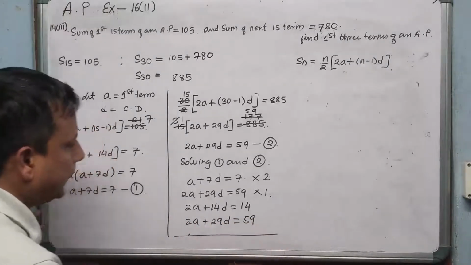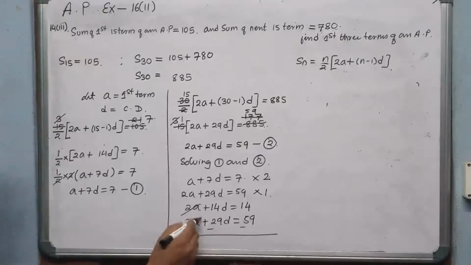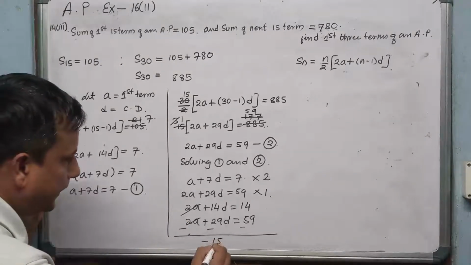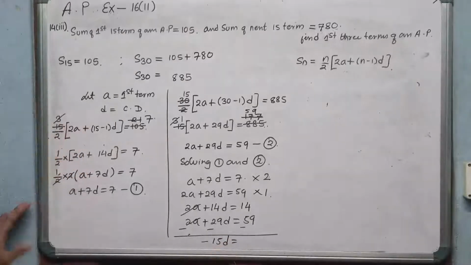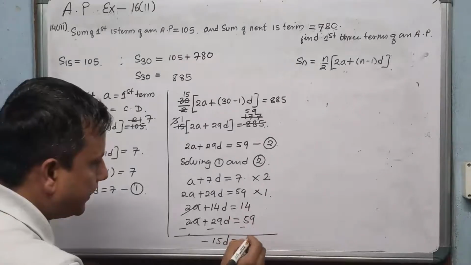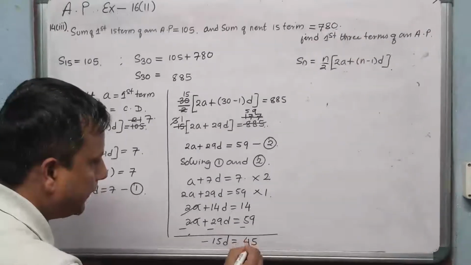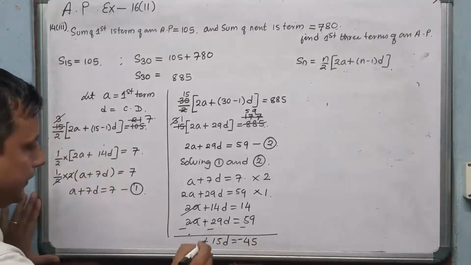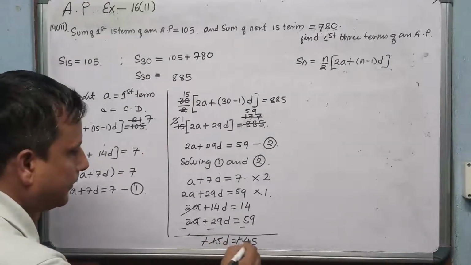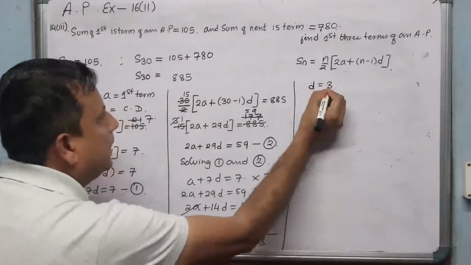Now let's change the sign. Now these two quantities get cancelled. 14 minus 29 is minus 15d, then 59 minus 14 is 45. Minus 45, cancel, 3. Then over here we are getting d is equal to 3.